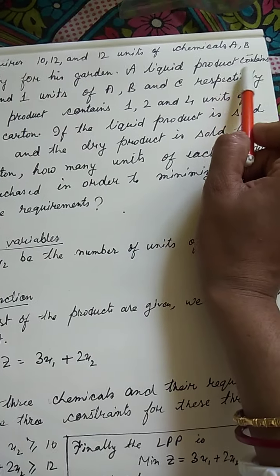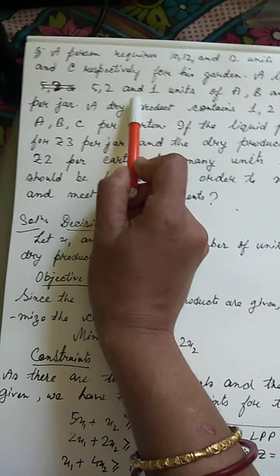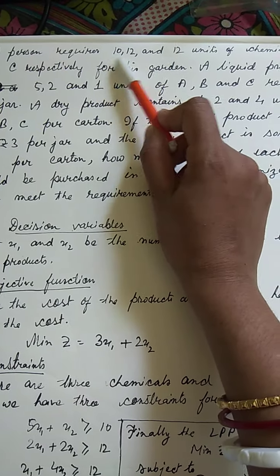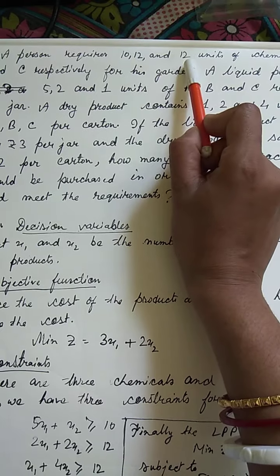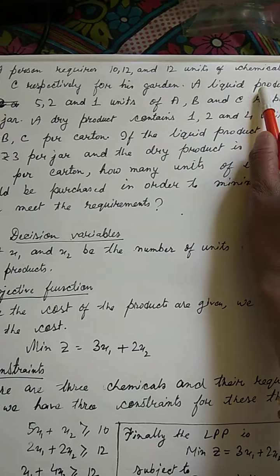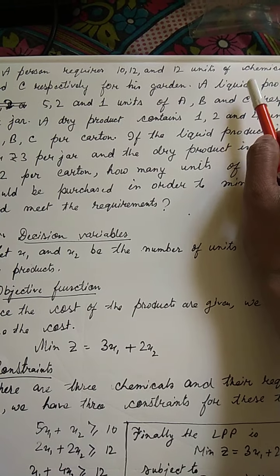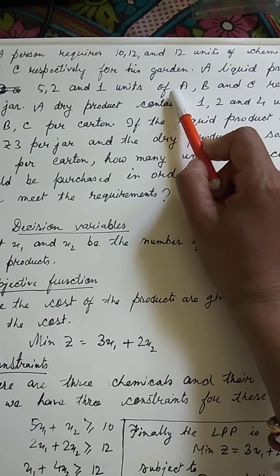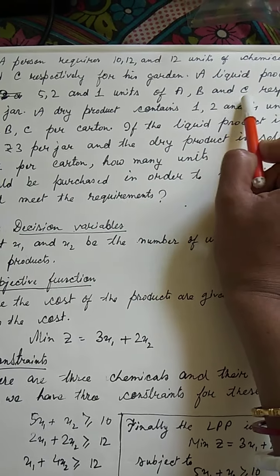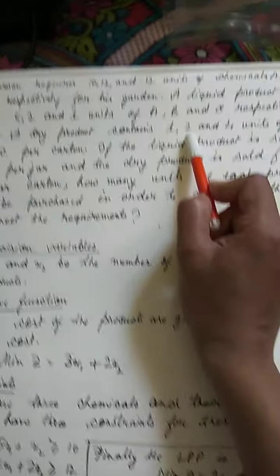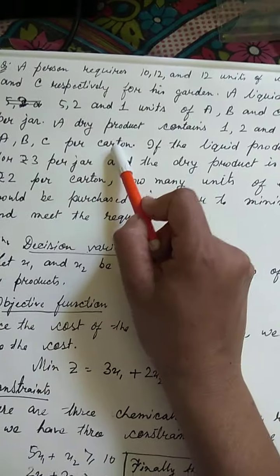A liquid product contains 5, 2 and 1 units of A, B and C. So, what we know is that our requirements of 10, 12 and 12 units will be fulfilled by one liquid product which contains 5, 2 and 1 units of chemical A, chemical B and chemical C respectively. Similarly, a dry product also contains 1, 2 and 4 units of the chemicals A, B and C per carton.